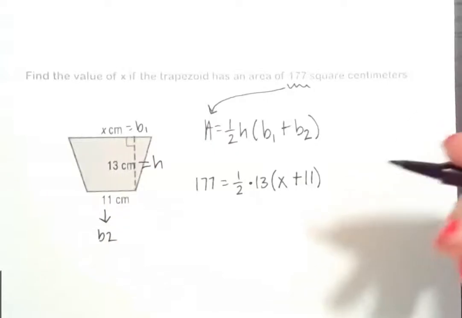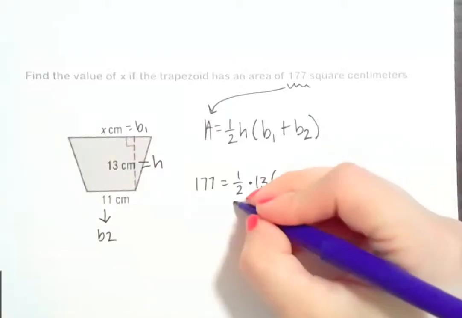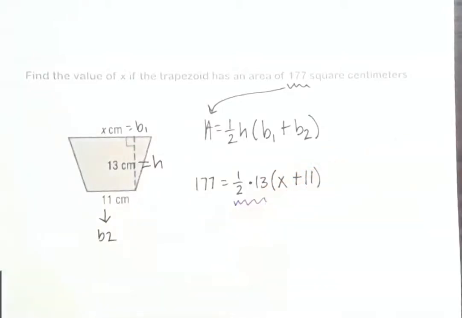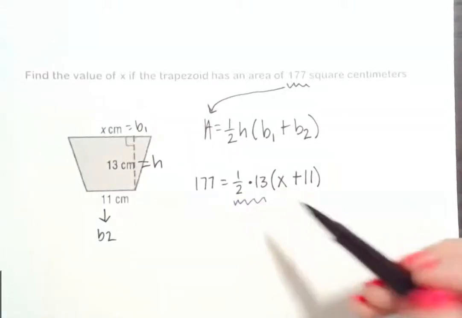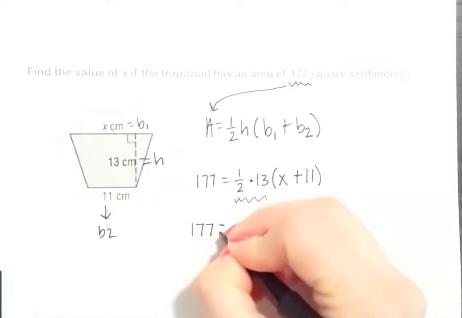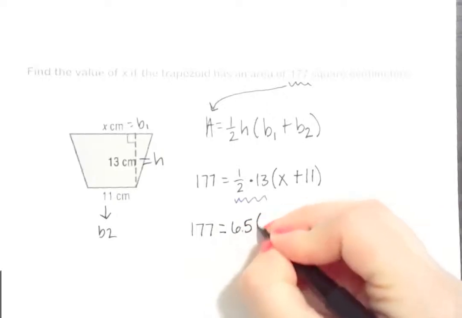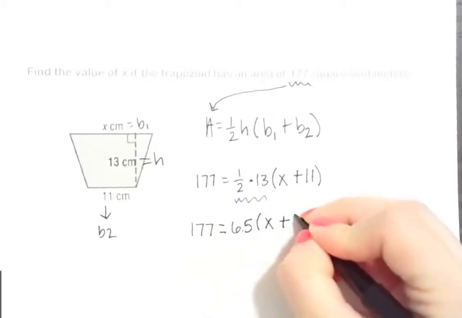But what I would probably do first is simplify this guy right here. That's where I would start no matter what. And then we can decide where you can go from there. Half of 13 is 6.5, right? So we're going to have 6.5 times (x plus 11).